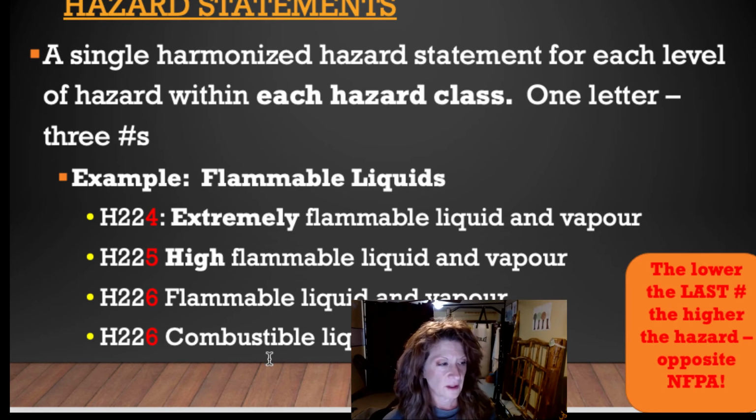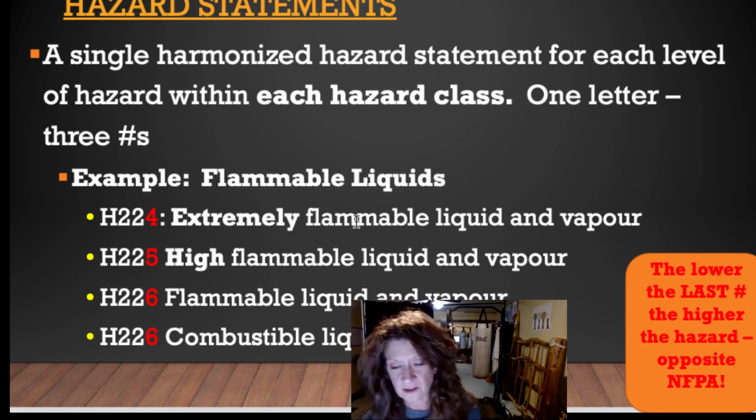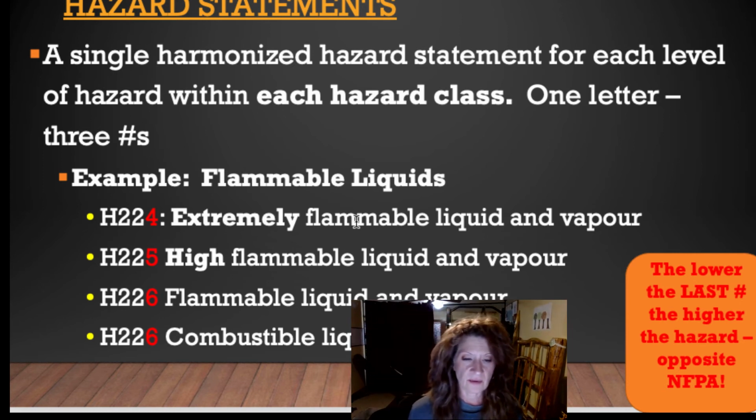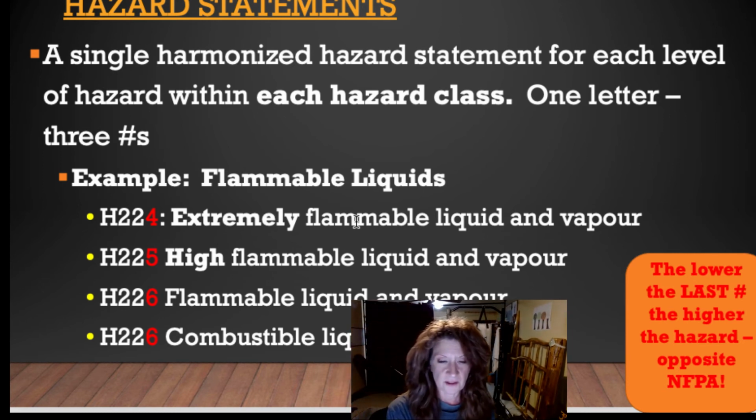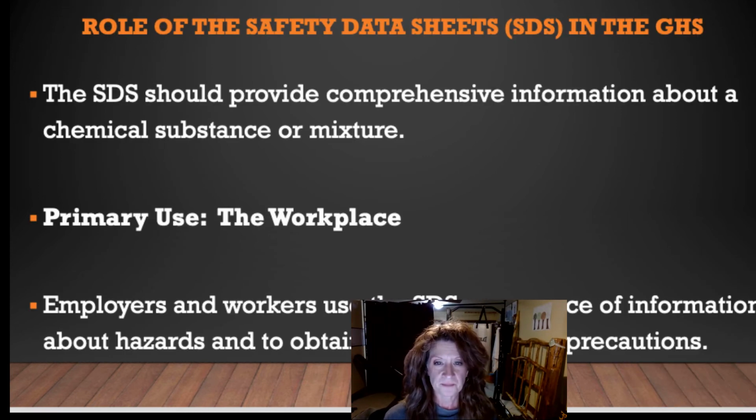Combustible would be less hazardous than extremely flammable. And this is completely opposite of the National Fire Protection Agency. With them, the higher the number, the more dangerous it is. And so you just have to pay attention, I guess, is the best way to say it. It's too bad they weren't similar.